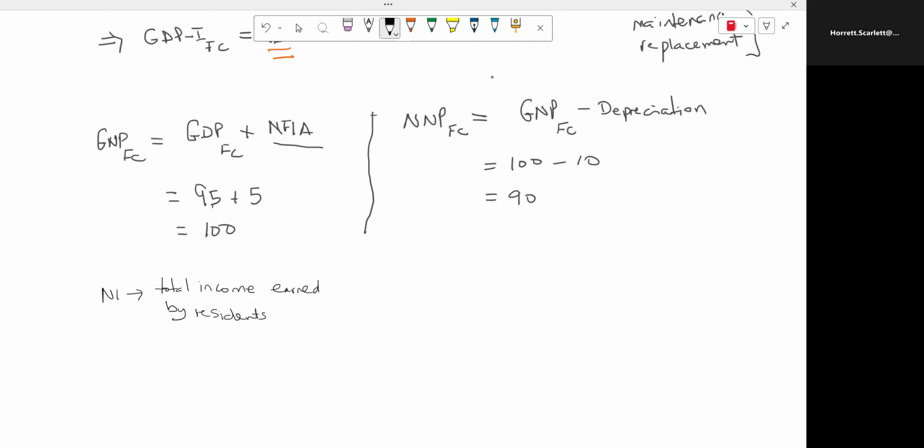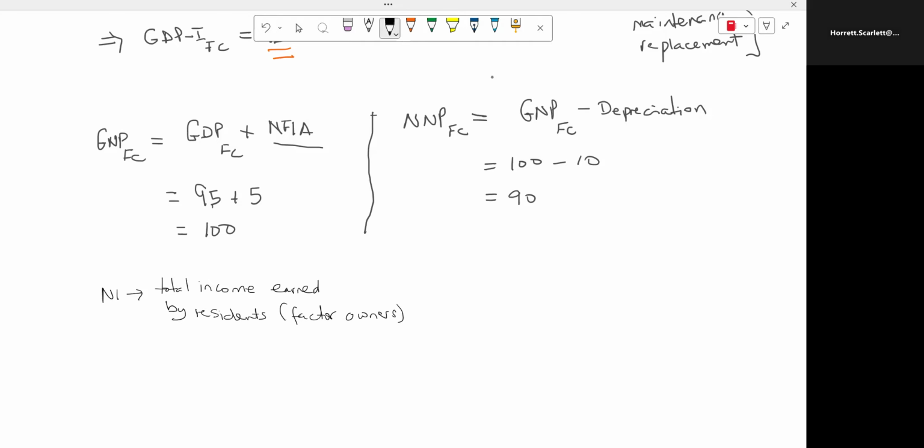And we are saying that the residents are going to be factor owners. They are going to be the ones who own the factors of production, which is then going to be utilized by the firm so that goods and services are actually produced.